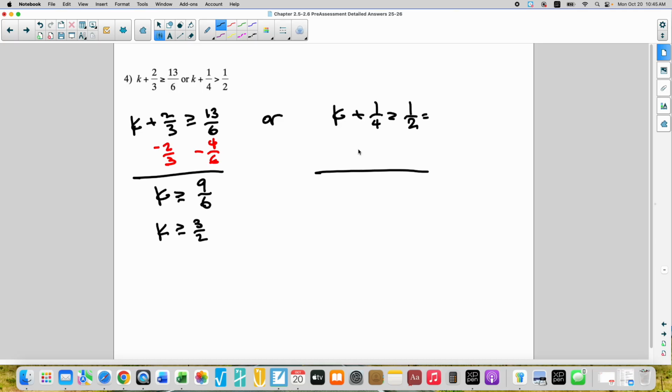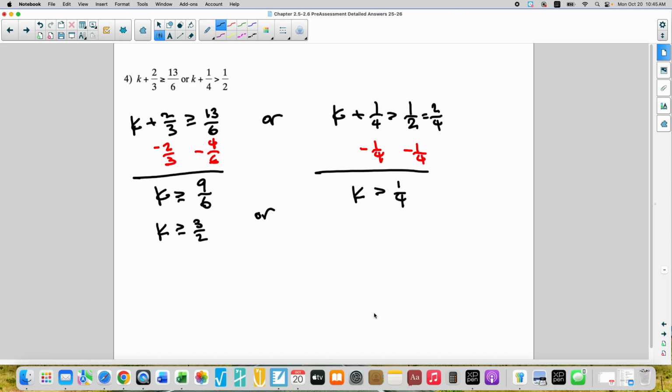So we're going to actually have to change 1/2 to 2/4. And that leaves me with k is greater than, that looks like an equal to. My handwriting is not good. Not a good day for handwriting for Mr. Mack. And that leaves me with 1/4.